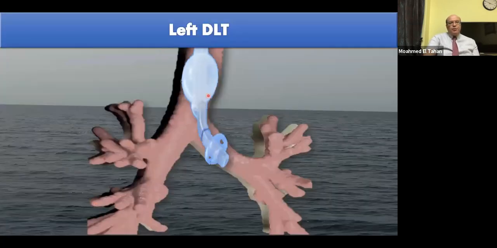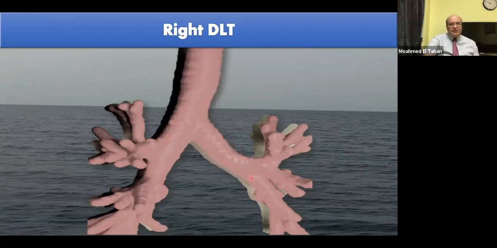With the left side tube, we are placing the tip of the endobronchial lumen into the left main stem bronchus. We have two cuffs, a proximal cuff to isolate the trachea and a distal cuff to isolate the target bronchus. We have two lumens, one shorter lumen to ventilate the right lung here and one longer lumen to ventilate the left lung here.